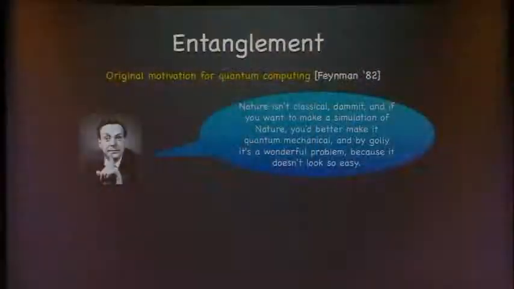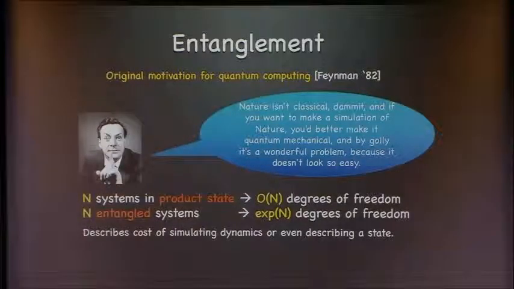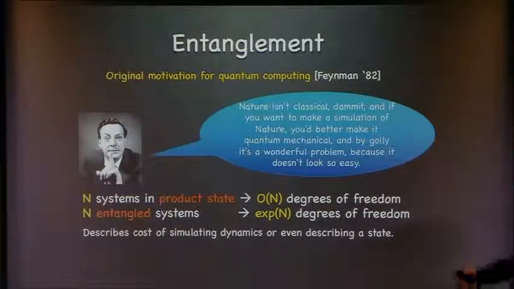And this exponential effort comes from the phenomenon of entanglement. So if you have n systems, no matter what your theory is, if these systems are in a product state, meaning you can describe the entire collective system by n individual descriptions for the n individual systems, then of course the number of degrees of freedom just adds. You just add up the degrees of freedom for each one.